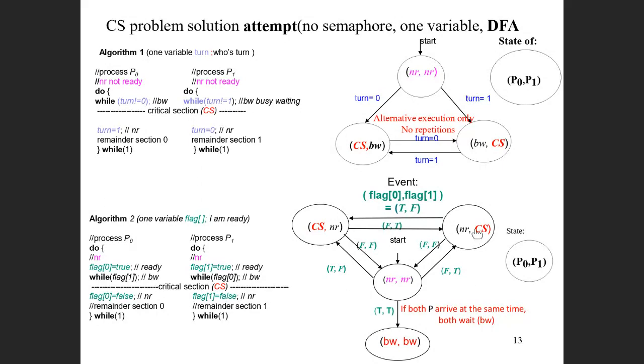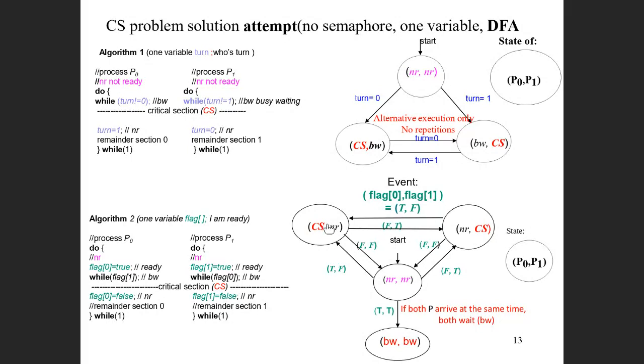And those states can now be changed in between, because we have two arrows leaving the critical section NR, CS, NR state, and we have two arrows leaving NR, CS, which means we are not stuck.